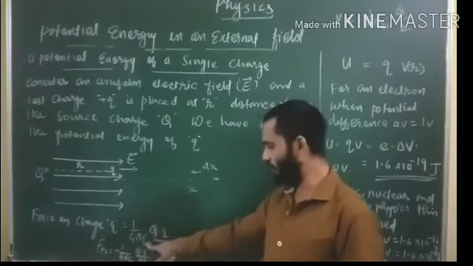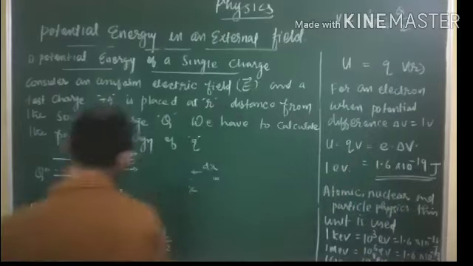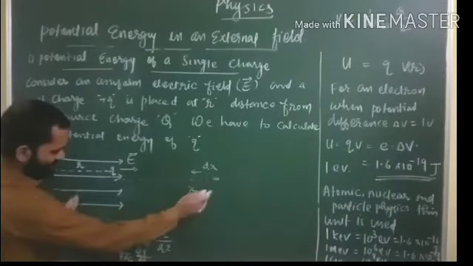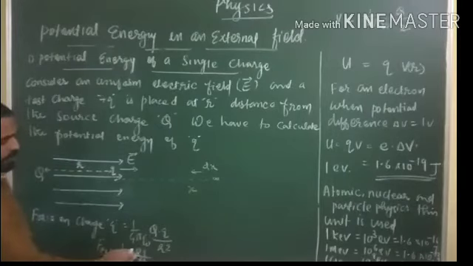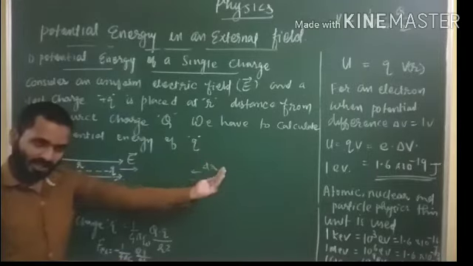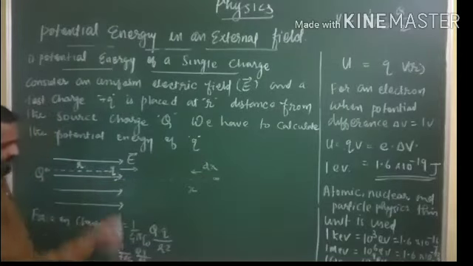That is 1 by 4 pi epsilon naught q into q divided by r square. Suppose this is at x distance, then 1 by 4 pi epsilon naught q into q divided by x square. So this is the force acting on this charge in that direction. The same amount of force we are applying in the opposite direction, so that we are getting a minus.